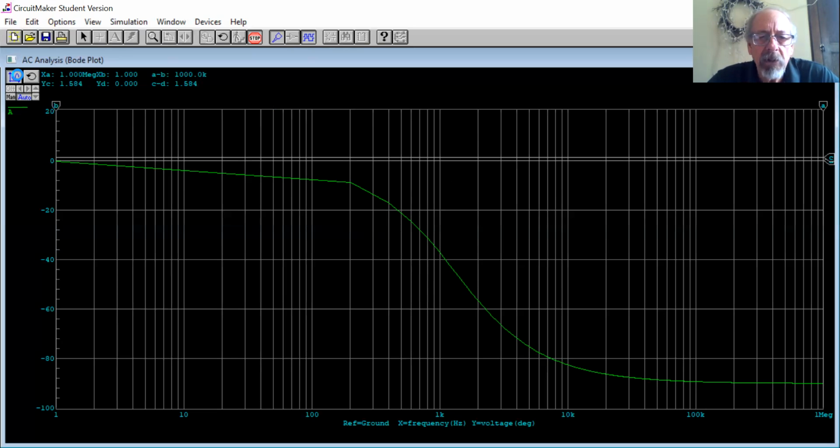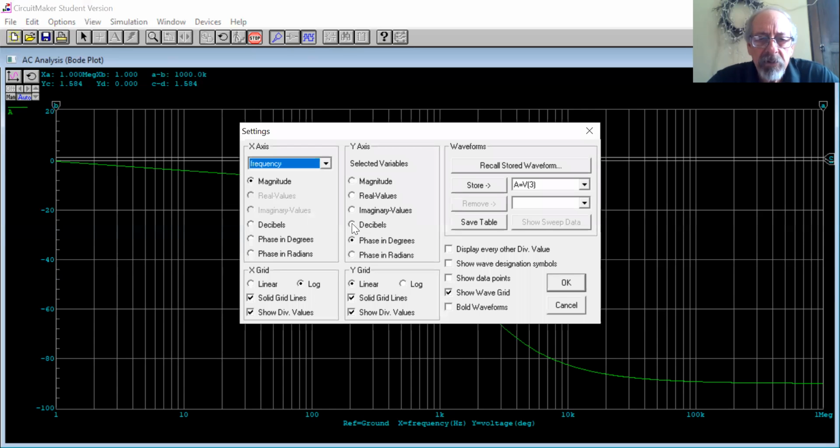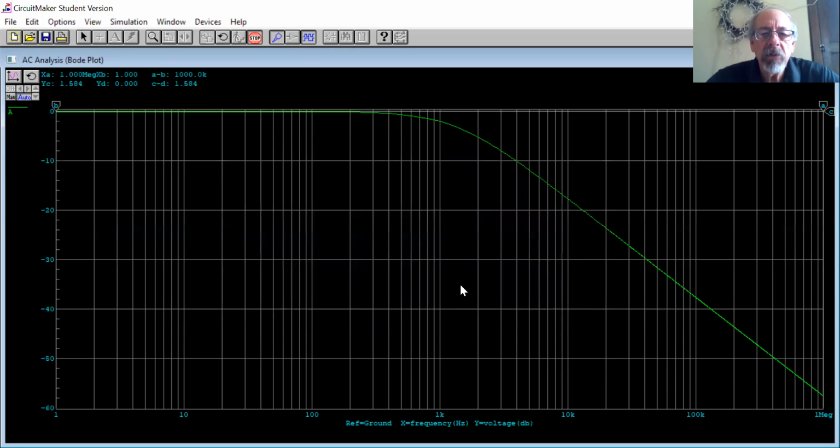And again, let's go back to setting this to decibels for the output amplitude. Hit OK, and we see this plot here. Notice it hasn't gone down to 0 at megahertz.